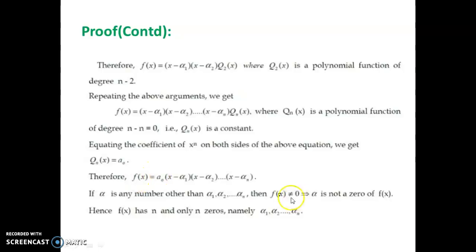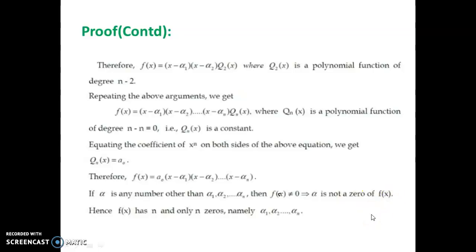Therefore, we can conclude that f(alpha) is not equal to 0. f(alpha) not equal to 0 means that alpha is not a zero of this polynomial f(x). So, if we take alpha as a number other than alpha 1, alpha 2, etc., alpha n, then alpha is not a zero of this f(x).